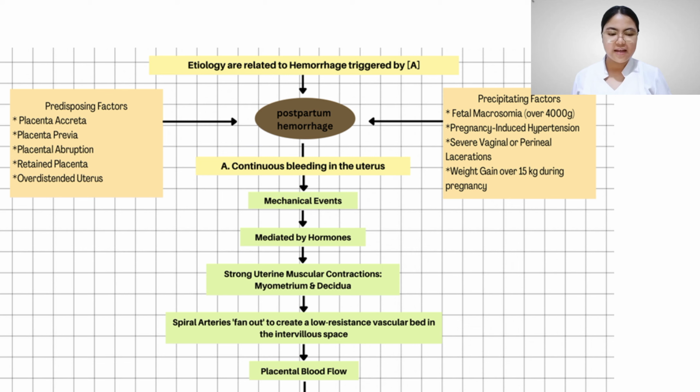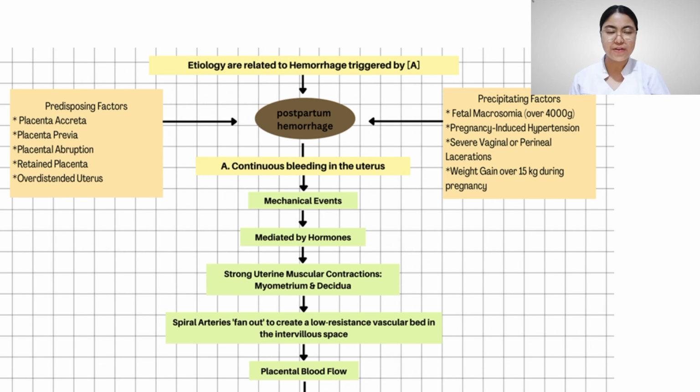Next is severe vaginal or perineal lacerations, also known as a vaginal tear. It is a wound in the tissues of the vagina. And lastly is weight gain over 50 kilograms during pregnancy. And that's all for the precipitating factors.